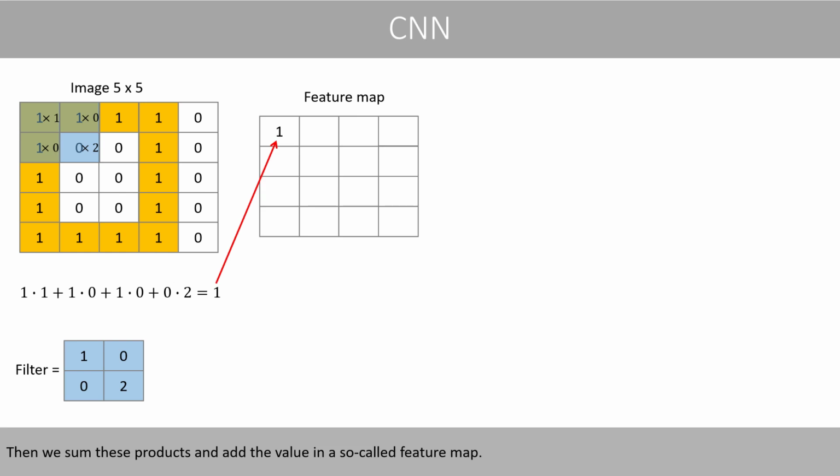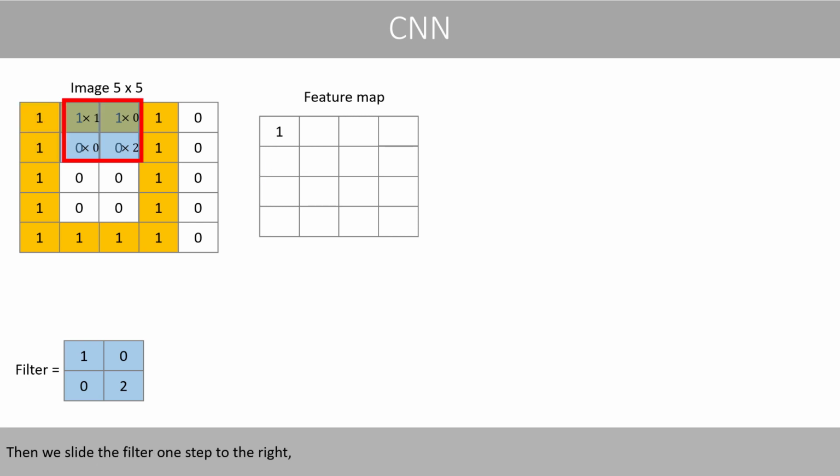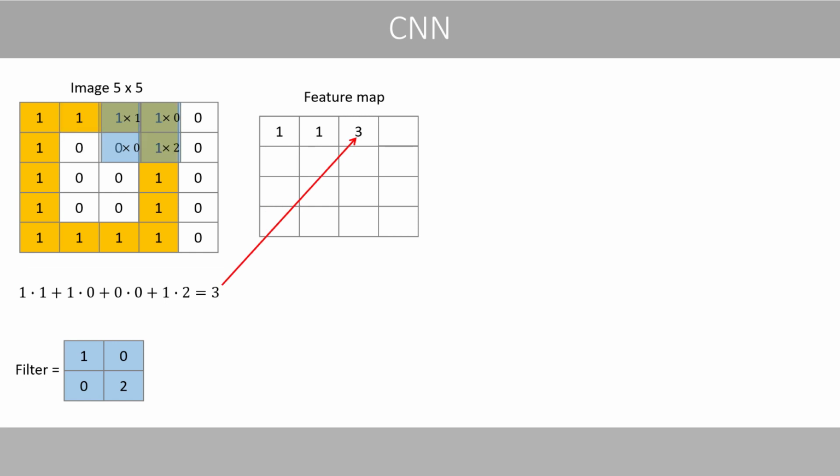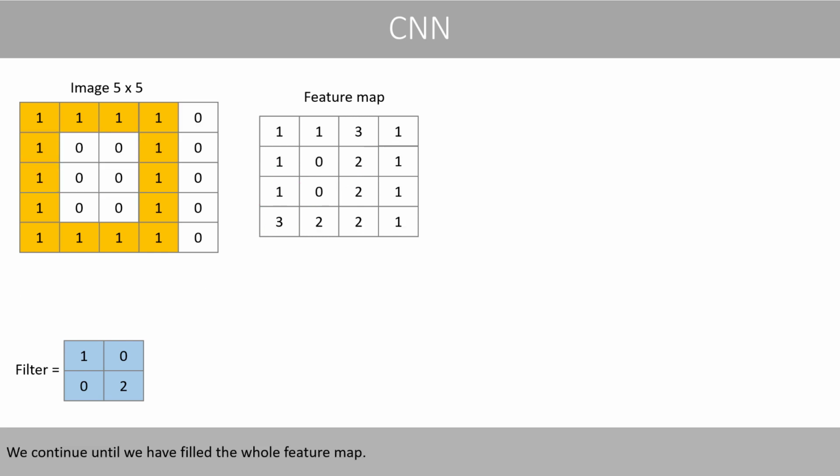Then we sum these products and add the value in a so-called feature map. Then we slide the filter one step to the right and do the math again. We continue until we have filled the whole feature map.